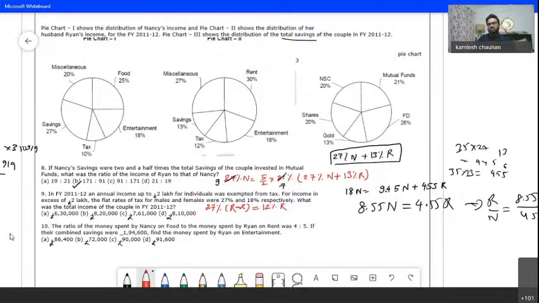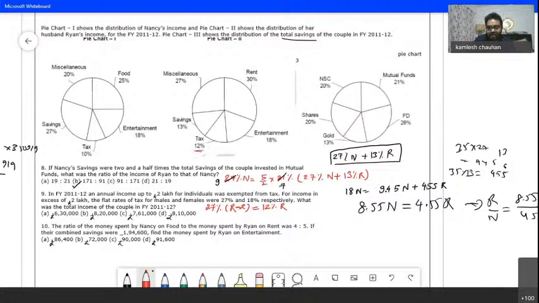Everyone, is it understood what I have written here? So rate is 27% for male, flat rate, whatever amount is above 2 lakhs. So if he had income of R, for the amount which is R minus 2, he has to pay 27%. But overall, for his total income, his tax is just 12%.